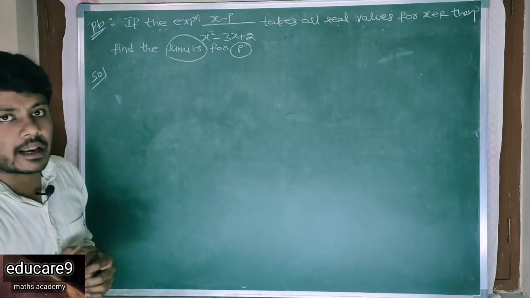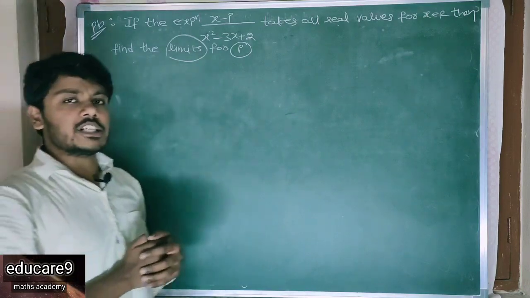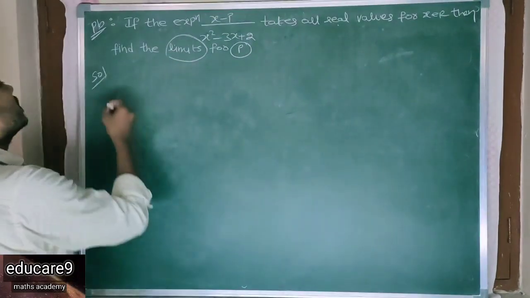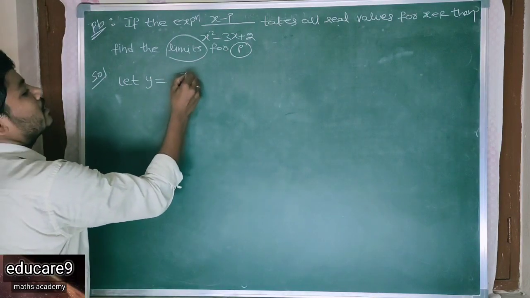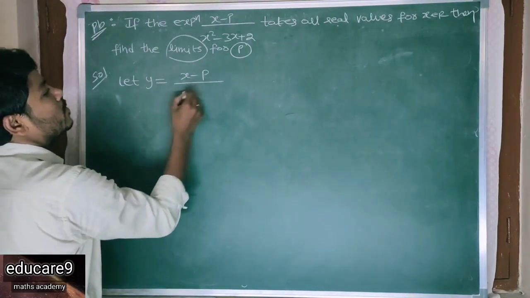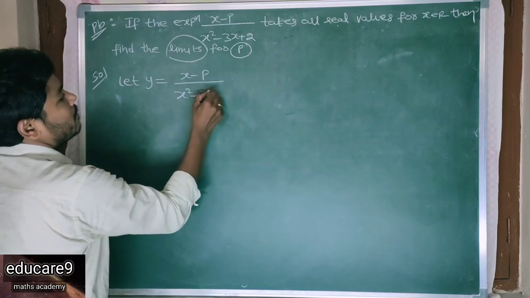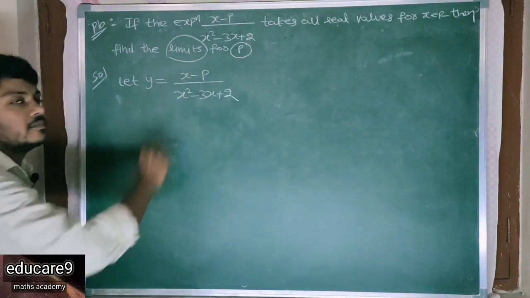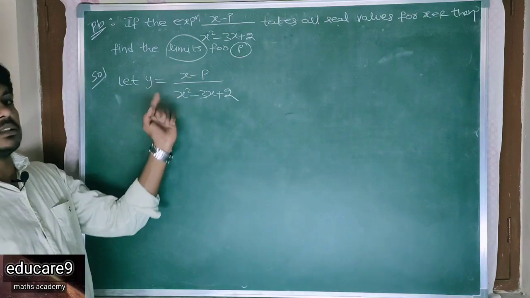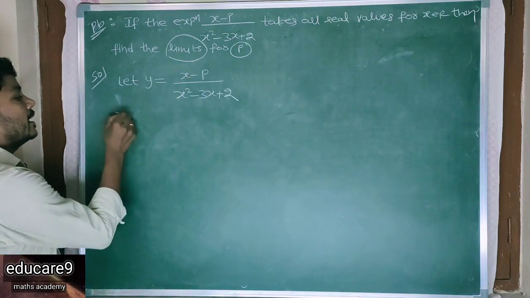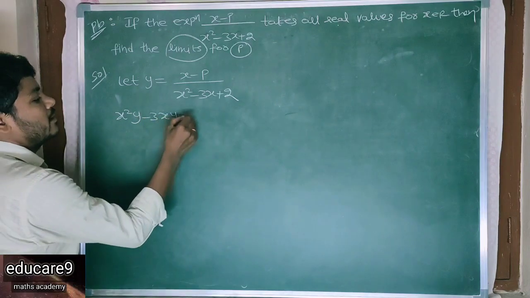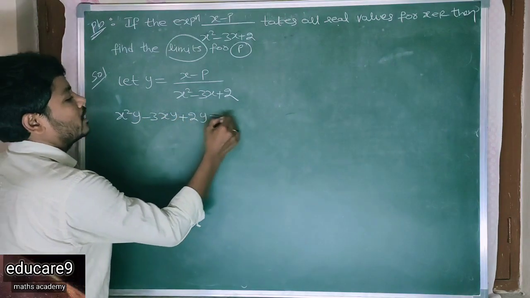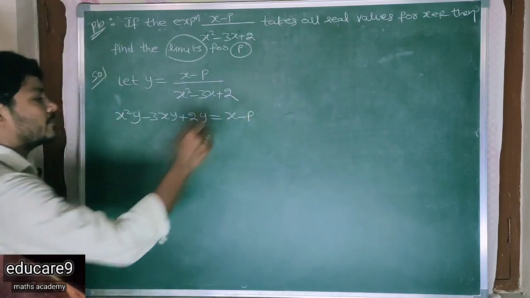So for finding the range, let the given function be equal to y. So let y be equal to the given function, that is x minus p by x square minus 3x plus 2. Now cross multiplication, you get x square y minus 3xy plus 2y is equal to x minus p.